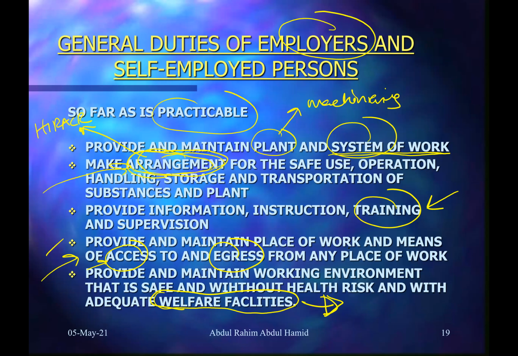This is another issue right now in Malaysia due to the COVID situation. The government suddenly figured out that a lot of workplaces do not have adequate welfare facilities, even though we already have the law way back in 1976. But in terms of implementation, the authority does not regularly check, because the authority is also limited in numbers.